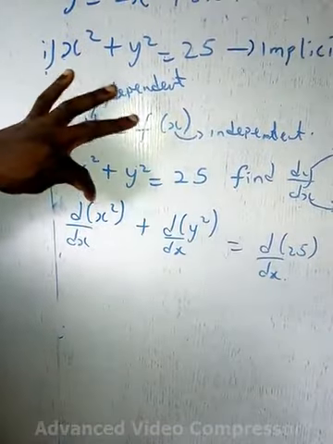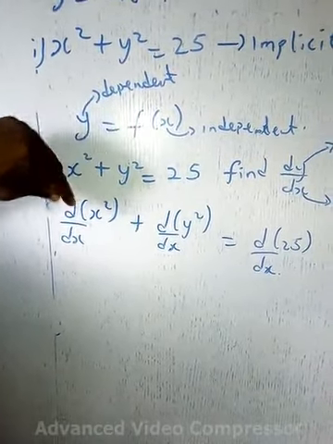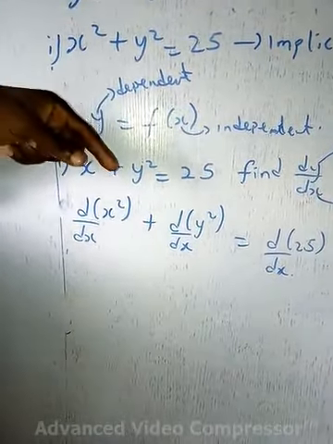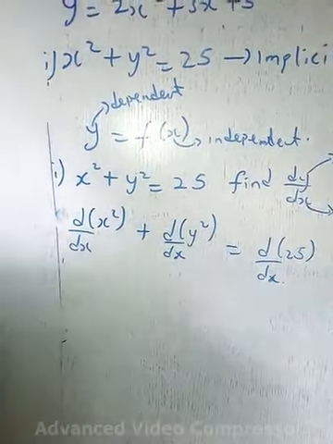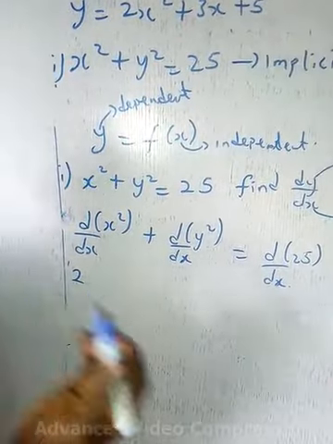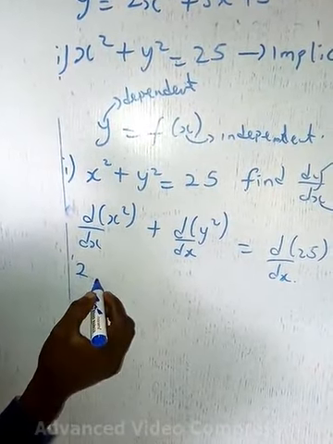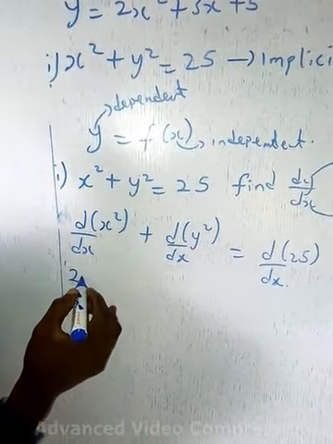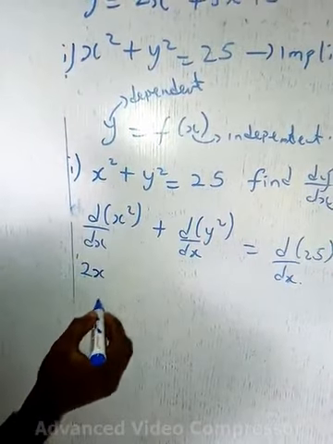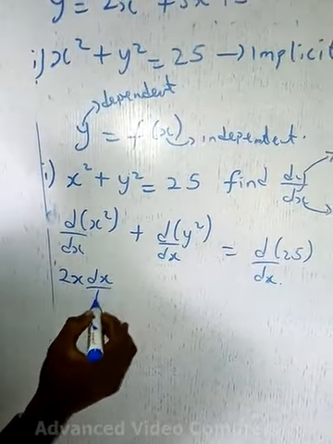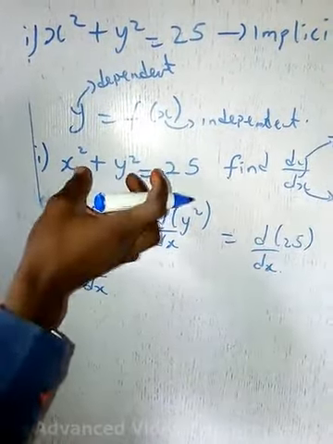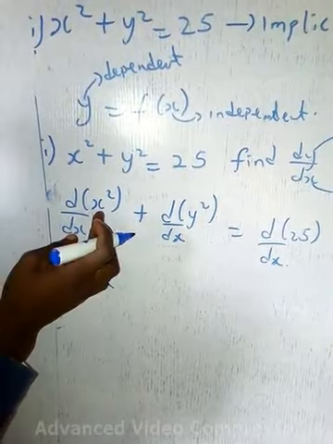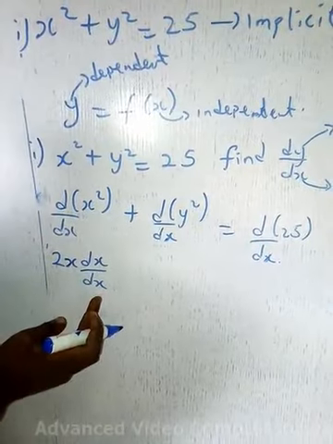So if I'm differentiating this, it represents two functions. It's like a function of a function, because we have the power here and we have x here. So you differentiate with respect to the power first by taking the power down using the power rule. The derivative of x squared is 2x, then we have dx dx. You differentiate twice: the power differentiation of the whole function, that's 2x, then x is a function with respect to x.